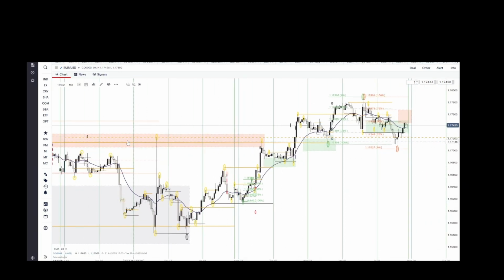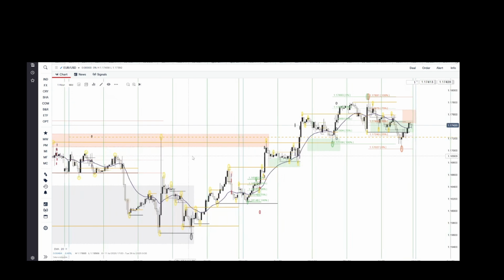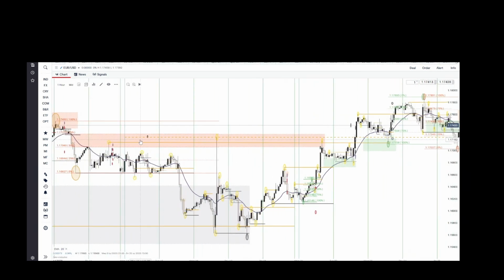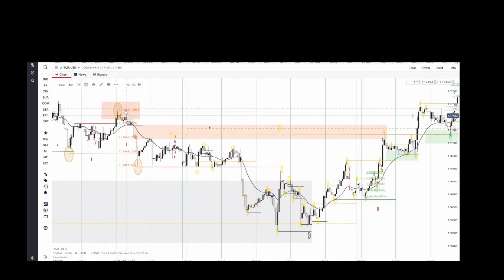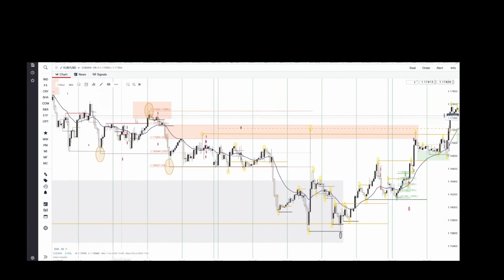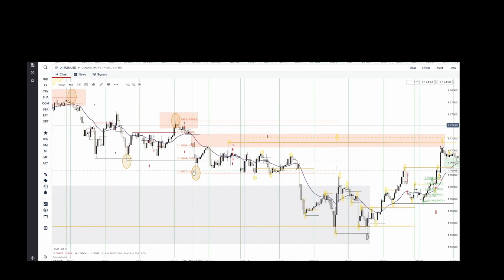You see, the dashed line is the high of the previous week. And all this price action through here is interesting, because we can see on Monday, price came up and tested through on this level, and this level was created 3 weeks ago, when this lower high created this lower low.